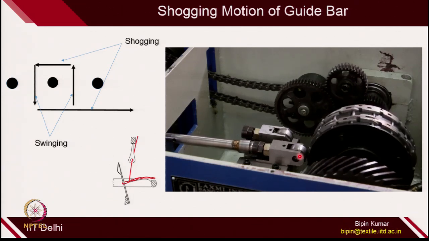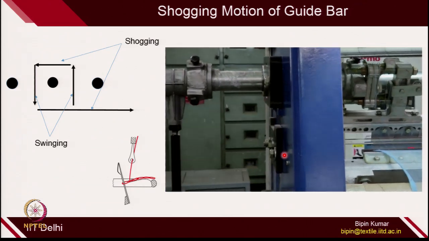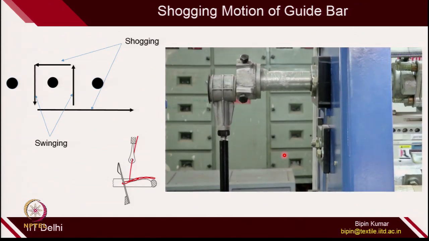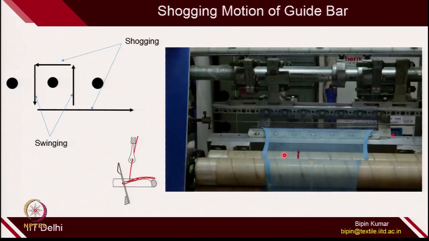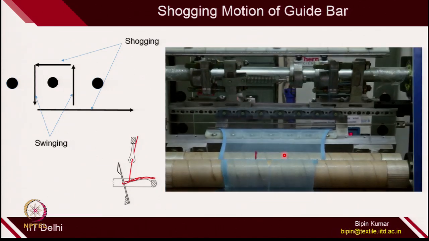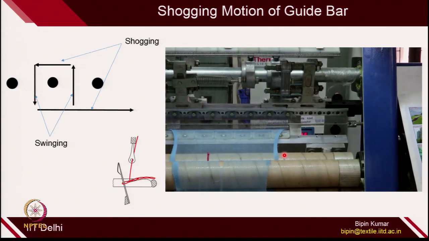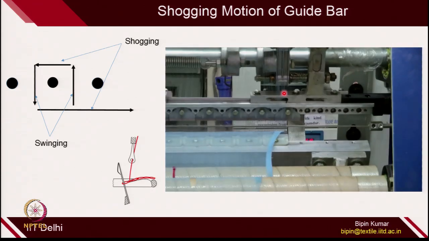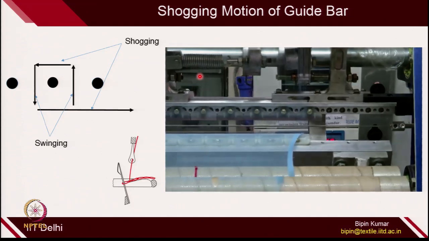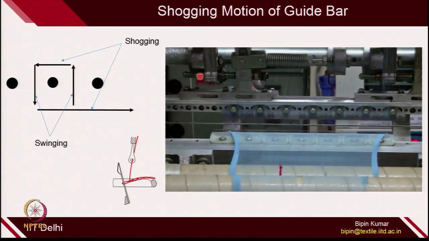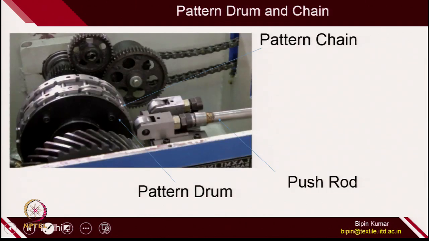Whenever there is an elevation, the follower pushes the guide bar to the left, and when there is a depression, with the help of a spring system, this is the spring, the guide bar moves to the right direction. So this pattern drum, pattern chain, push rod and the follower are very important for sagging motion.